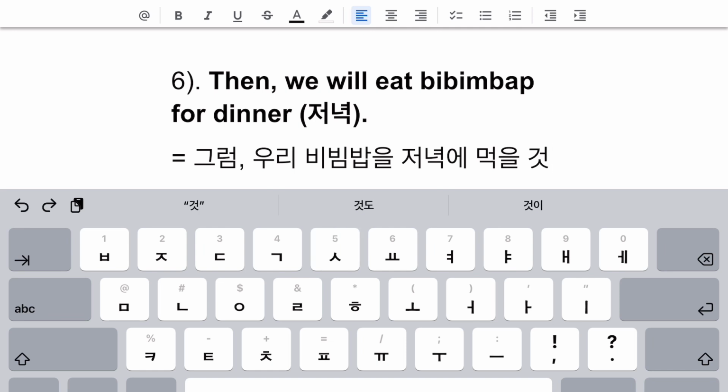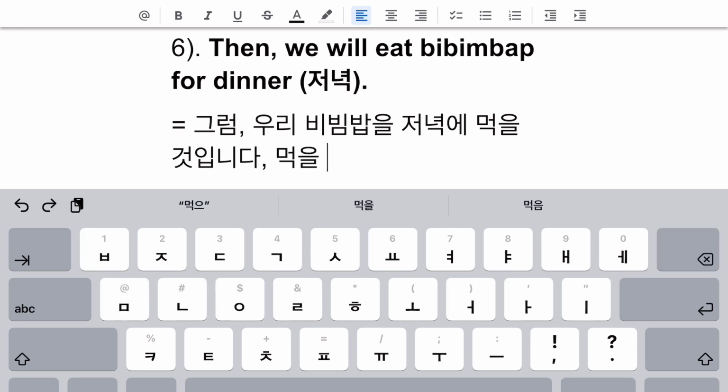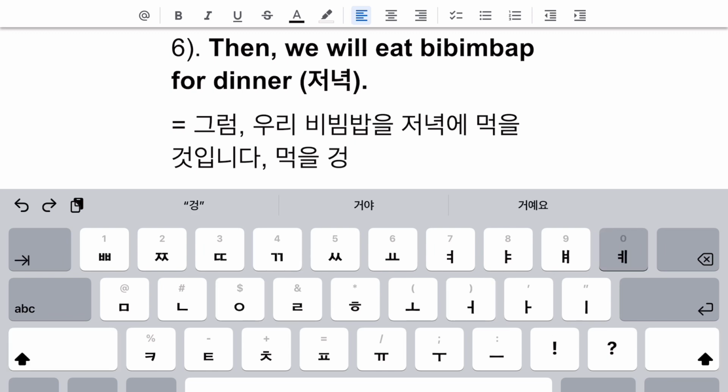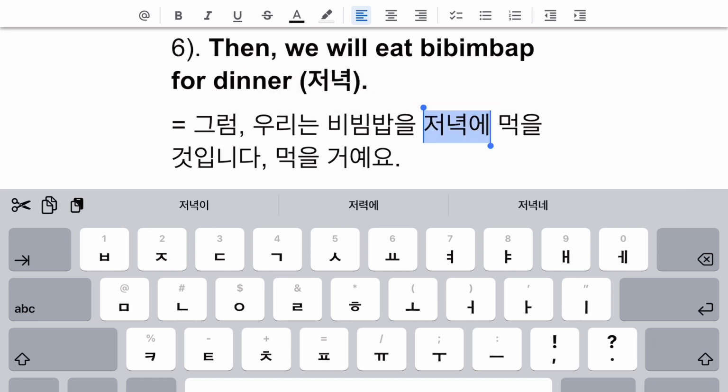Well, yeah. 먹을 if you want to be formal. 먹을 것입니다. Or 먹을 거예요. And I think this should go before bibimbap. I know, sorry. 저녁에 비빔밥을 먹을 것입니다.